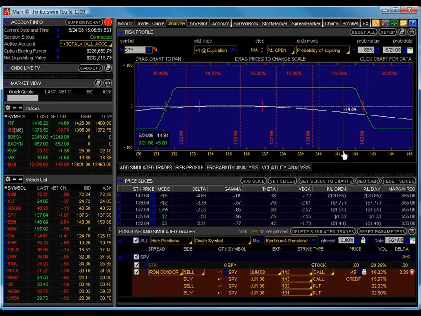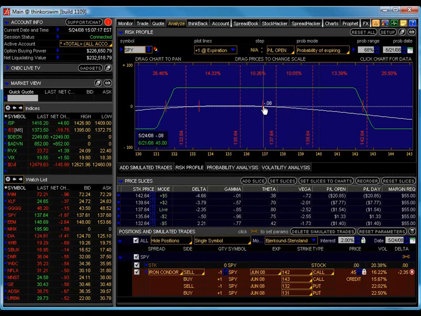The reason we diversify is because different positions have different ways of profiting. The way we make money in iron condors is that we have an extremely large theta. Iron condors have probably one of the largest theta decays of any of the positions that we're putting on.